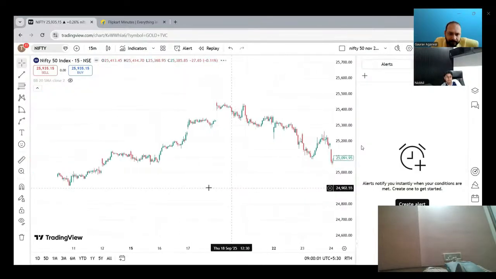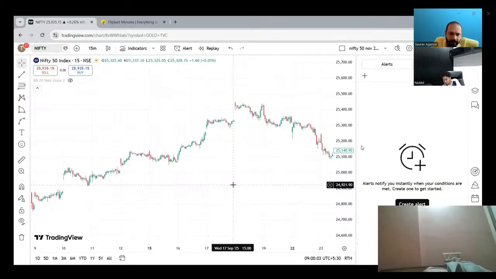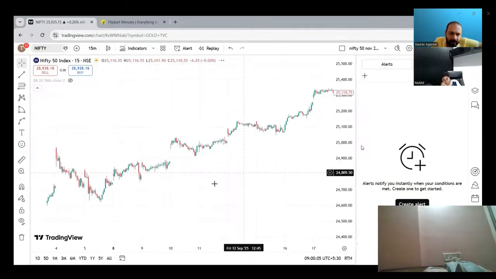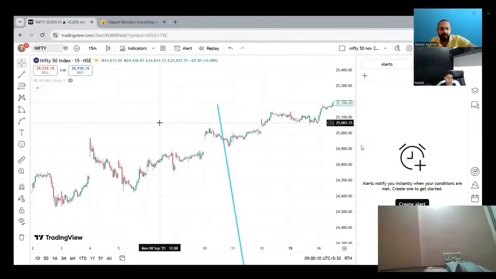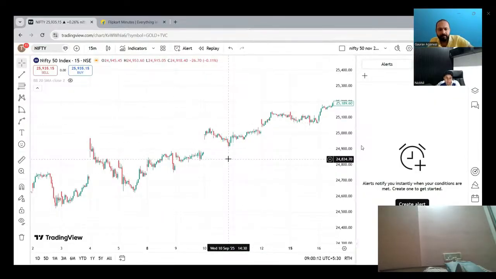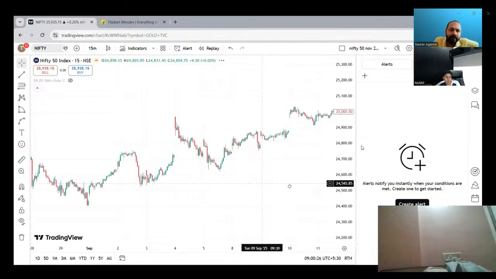Mostly you should try to use it on daily or weekly time frame. But if you want to trade on lesser time frame, that is around 10 minutes, 15 minutes, then try to use a combination of two candles or a single candle.